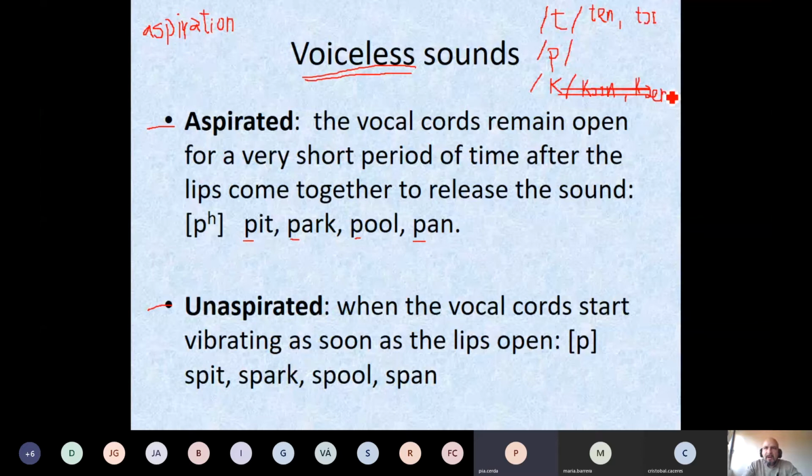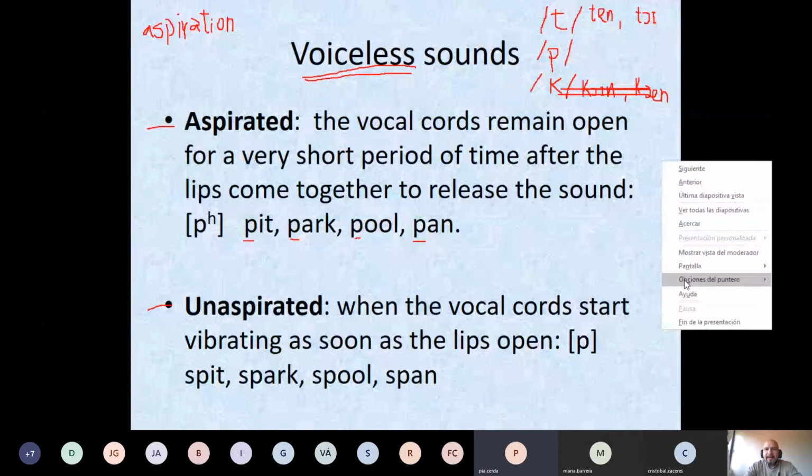Now, what's the big deal about this? In Spanish, we don't have aspiration in initial voiceless sounds. We don't say, for example, voy a ir al parque, or no tengo tiempo para atenderte. We use aspiration in English for voiceless sounds in initial position. So we have to say ten, toy, pit, park, coin.